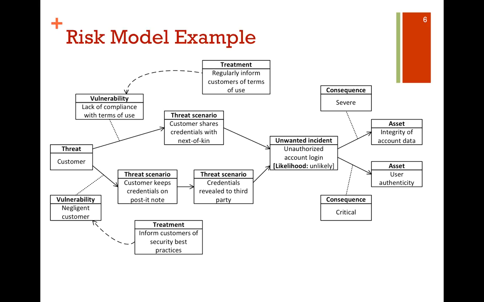In the second scenario, the customer exploits instead the vulnerability negligent customer to initiate the threat scenario customer keeps credentials on post-it notes, which leads to the threat scenario credentials revealed to a third party. Both scenarios lead to the unwanted incident unauthorized account login, which impacts the assets integrity of account data and user authenticity.